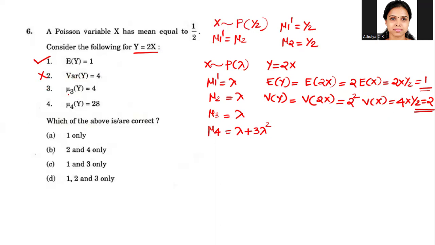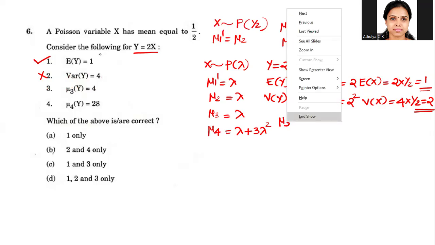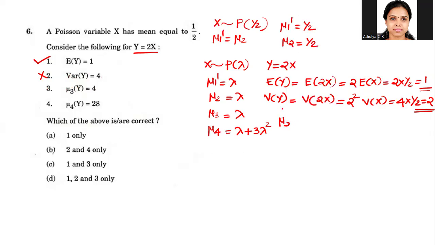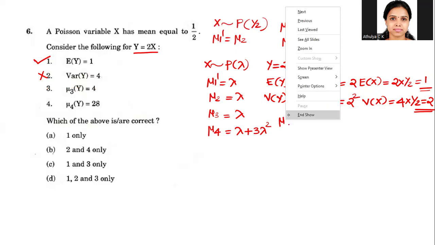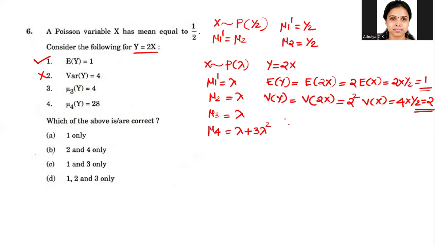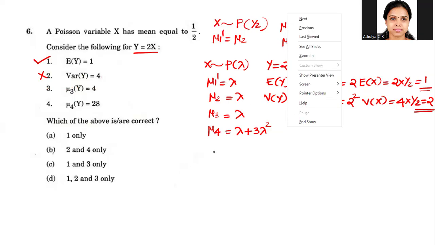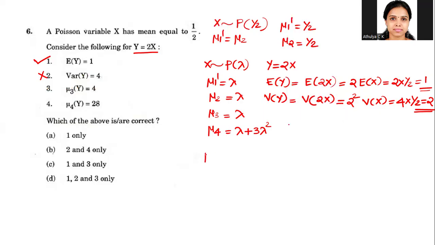Then the next task is to check whether mu3 of y is 4 or not. We know that mu3 can be written as the expected value of x minus the expected value of x, whole cube.